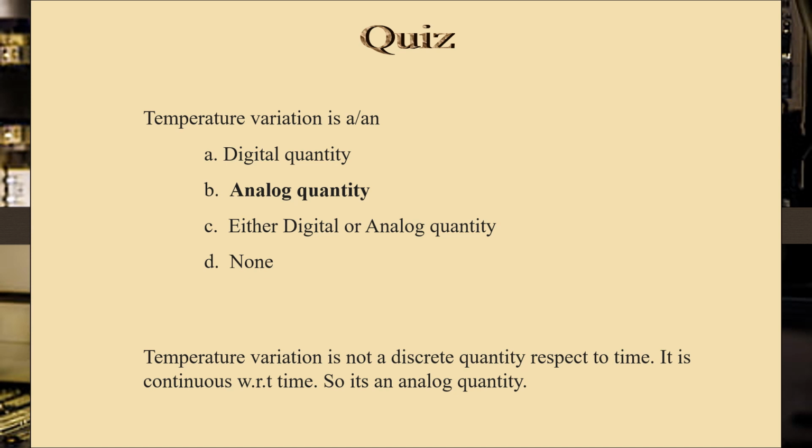The second question: is temperature variation a digital quantity, an analog quantity, either, or none? Temperature variation is not discrete with respect to time. It is continuous with respect to time, and so it is an analog quantity.